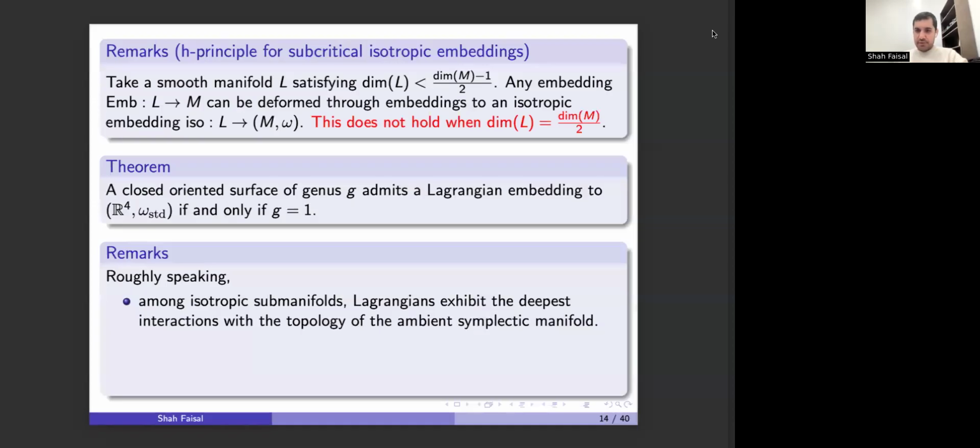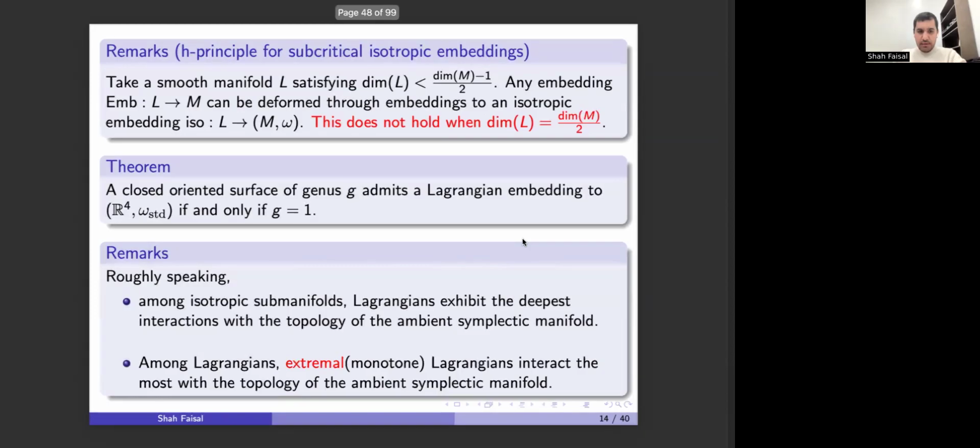But Lagrangians are very sensitive to the structure of the ambient symplectic manifold. And among the Lagrangians, there is another class that interacts the most with the symplectic topology of the ambient manifold. They are called monotone, and there's a generalized version of it called extremal.